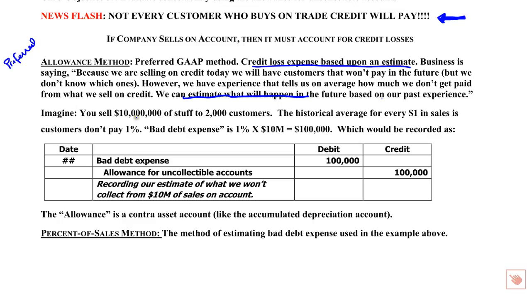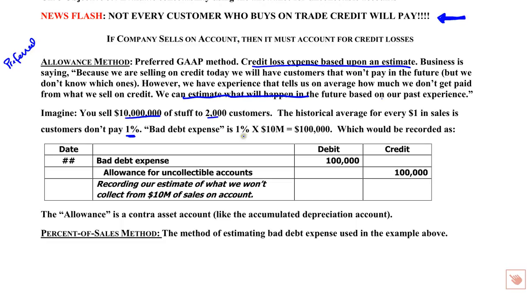Okay, so just for a real quick example, you sell $10 million of stuff to 2,000 customers. Somebody's not going to pay you in full, but you don't know who. If you knew who, you wouldn't give them credit. But this company knows that on average, 1% of every dollar doesn't get paid.